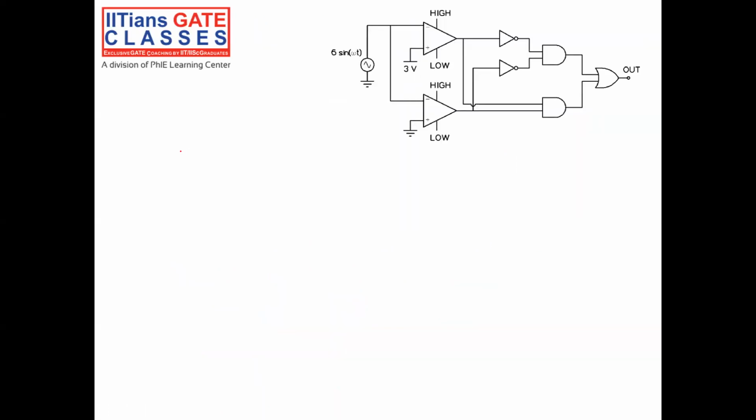Now you see, this is a comparator, this is a comparator. For a comparator, if V plus is greater than V minus, the output will be high. If V plus is less than V minus, my output will be 0. This is the thing for a comparator. Clear?